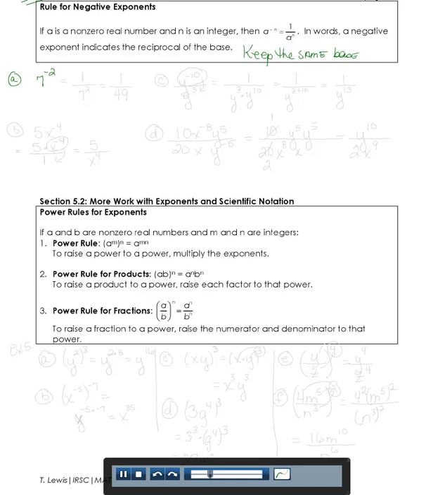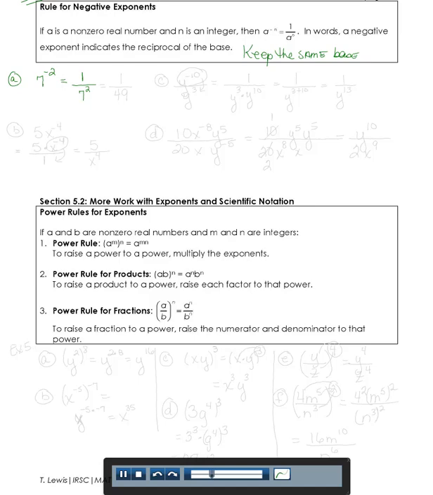So what the rule says, we take the reciprocal of 7 to the negative 2, where the 7 is going to go to the denominator. We keep the base the same, but the exponent becomes positive. And what's in the numerator is 1.